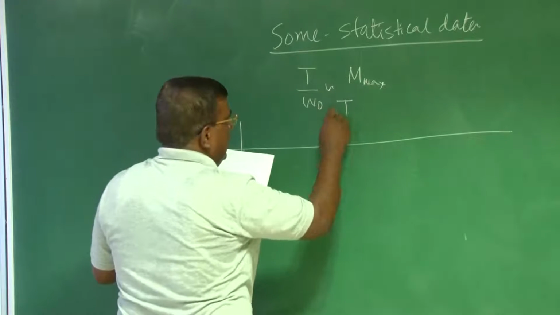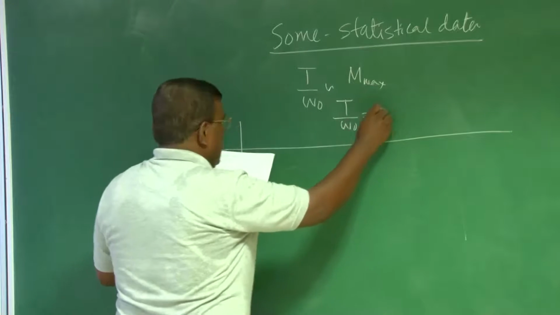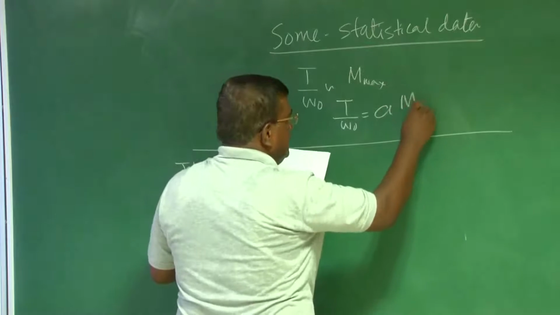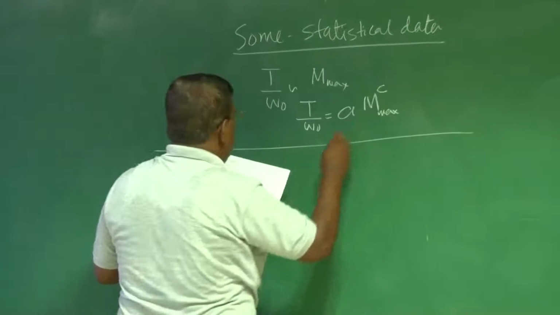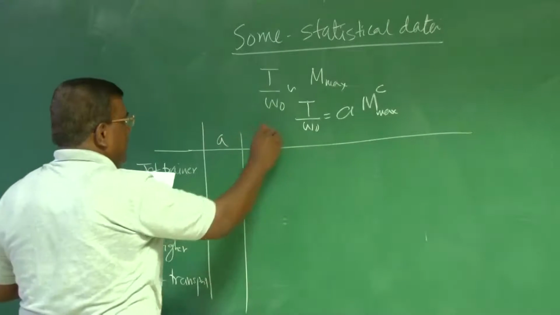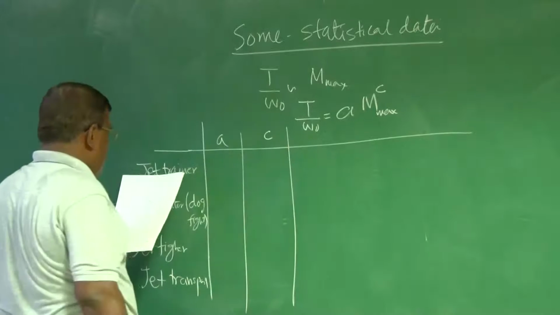T by W naught is calibrated as A M max to the power C, and you will get the values of A and C from this table.